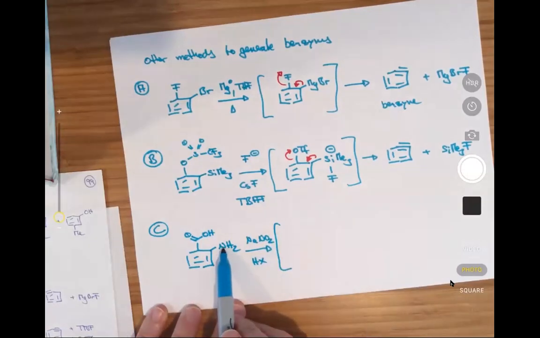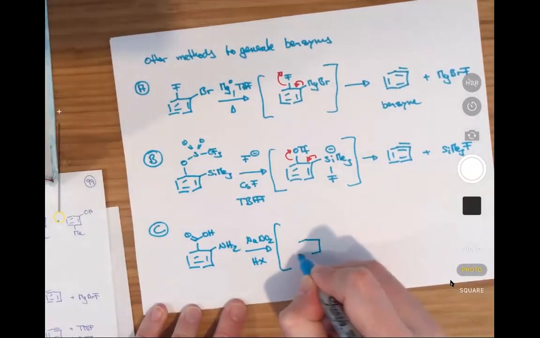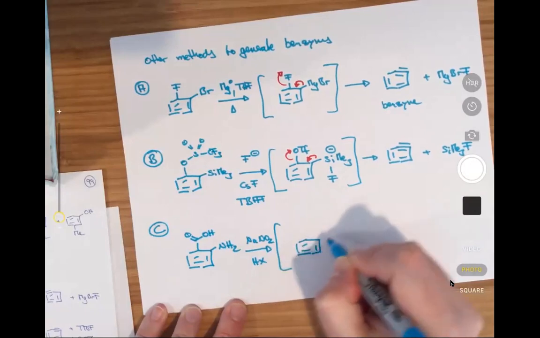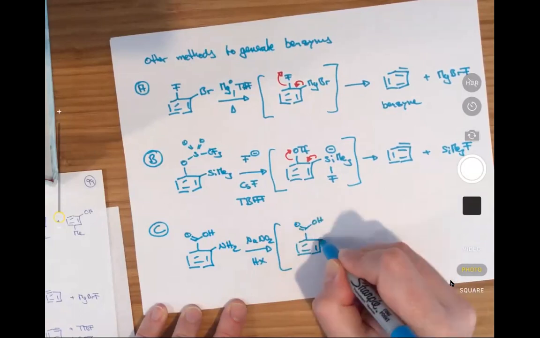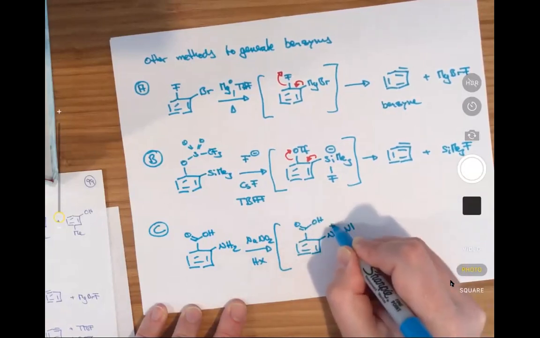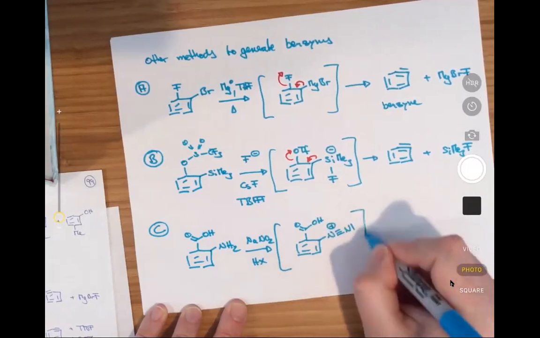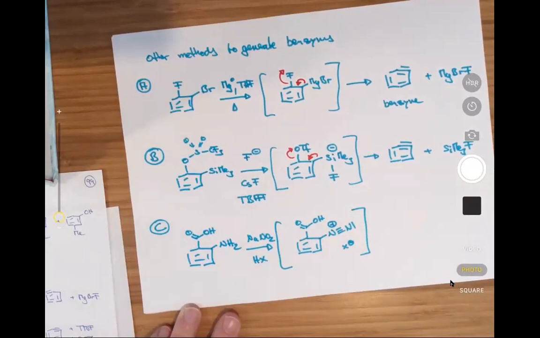So we're going to get basically N2+ here, the same way we did this in the Sandmeyer reaction. So the acid, and then N2 with a positive charge now here. And you have like this X minus counter ion floating around.